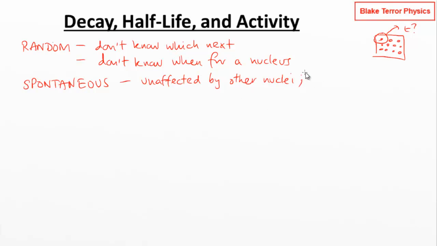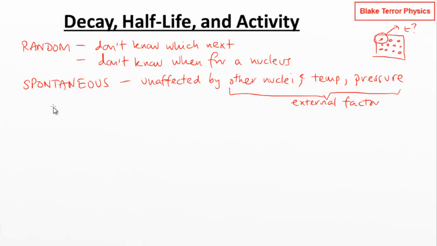But it's also unaffected by things like temperature or pressure or other external factors. Every nucleus is unaffected by that. So we've got these two things with radioactive decay: random and spontaneous.